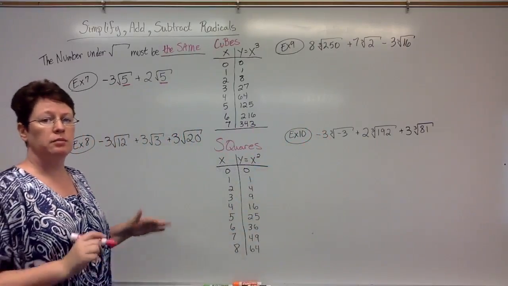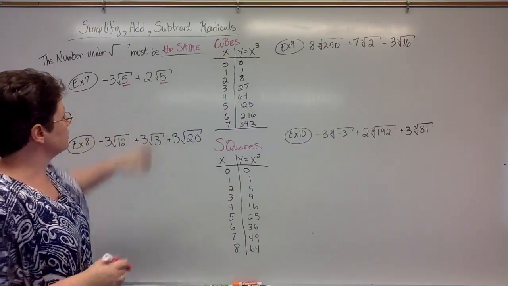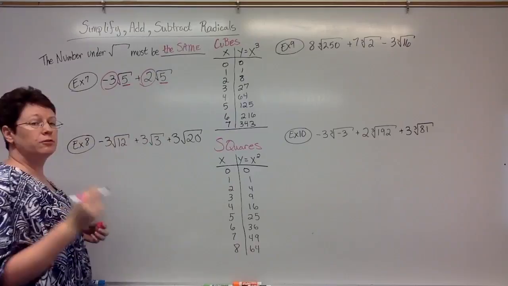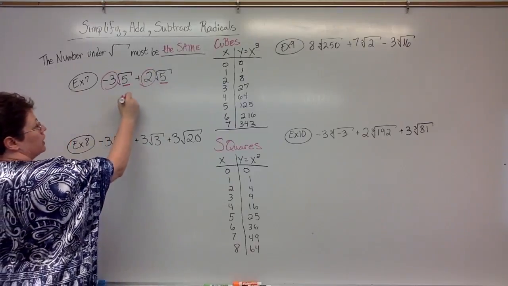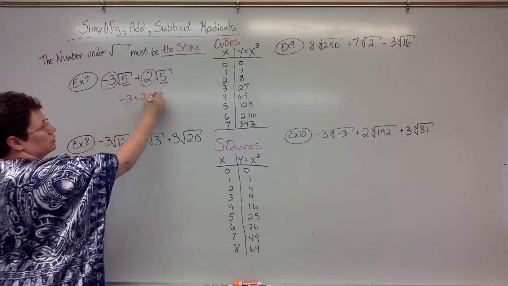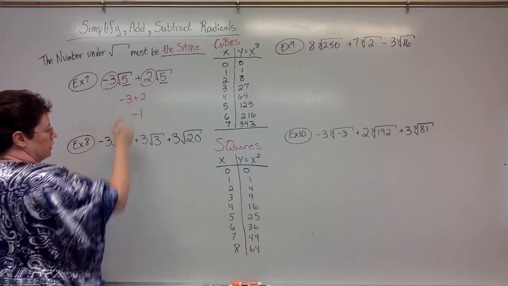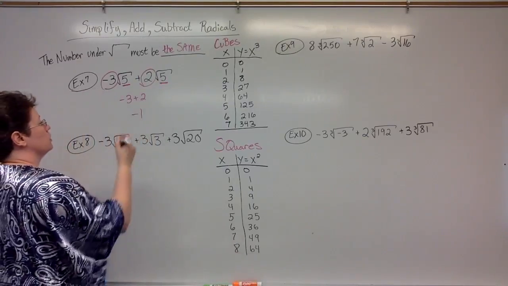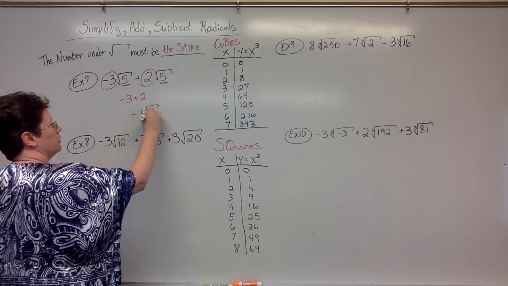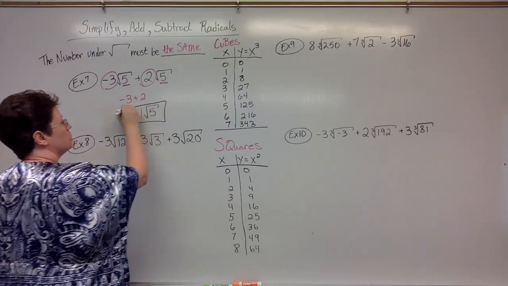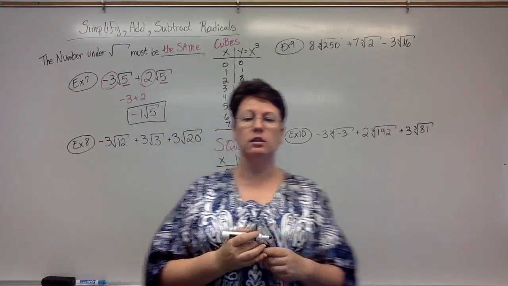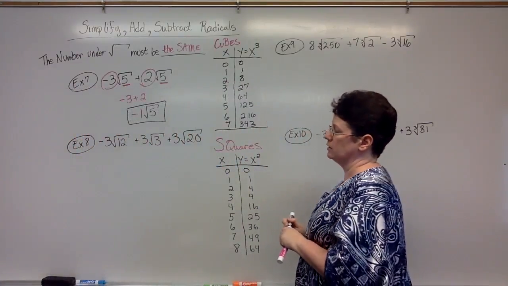They have to be the same every single time. If they're the same, I add and subtract the number in front. So I have negative 3 plus 2. Well, that's negative 1. And then you bring down your radical, which is square root 5. Notice the square root 5 part doesn't change, okay? It's just the numbers out front.